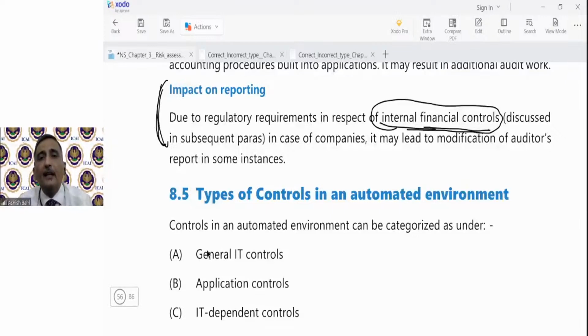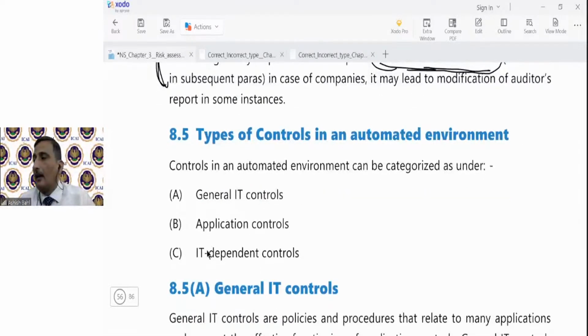This is not your field, this is not your domain, but you have to understand so much which impacts your audit, which is going to impact your opinion, which is going to impact your report. Okay. So type of controls in an automated environment.